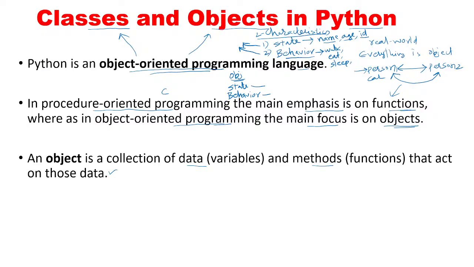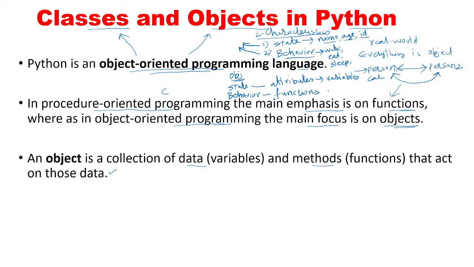In our OOP object, the state is implemented by means of attributes. That means the state of an object is defined with the help of attributes, and the behavior of the object is defined with the help of functions in programming. These attributes we implement as variables.